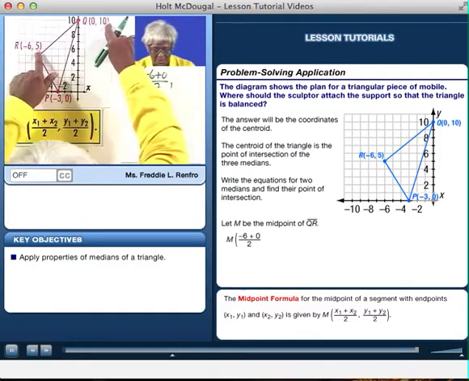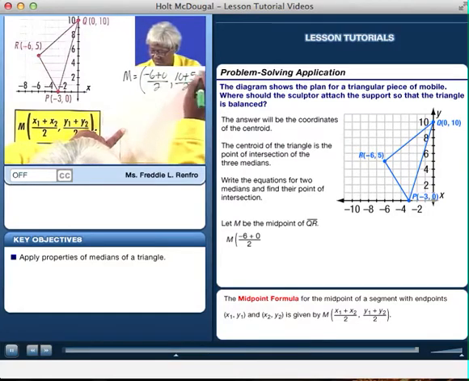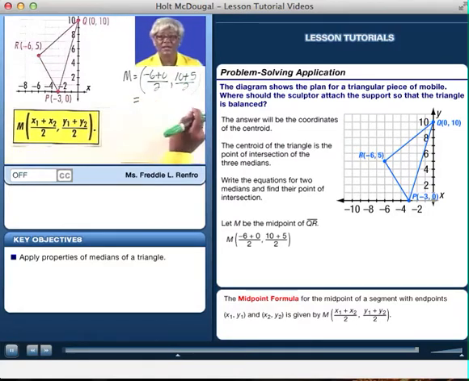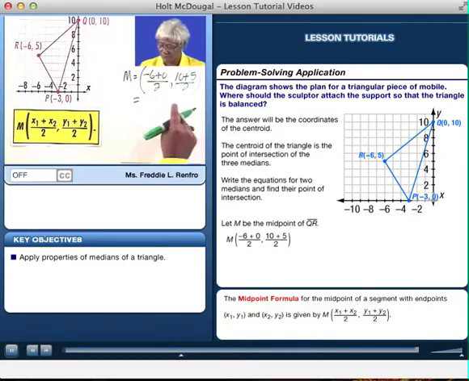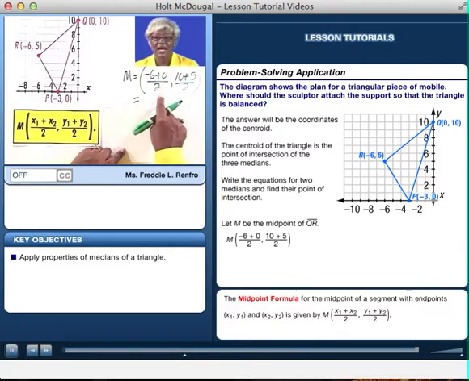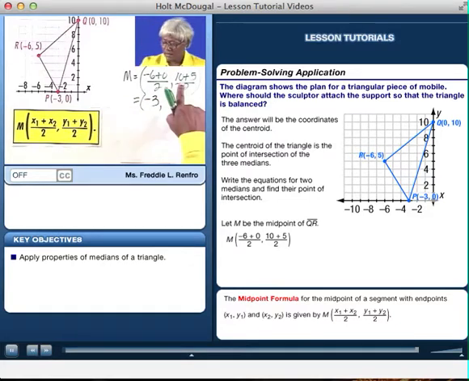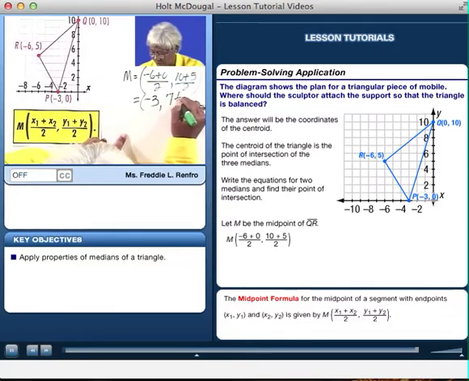Add the y coordinates, 10 plus 5, divide by 2, and that should give us the coordinates of the midpoint of this line segment. -6 plus 0 is -6, divided by 2 is equal to -3. 10 plus 5 divided by 2 is equal to 7.5.